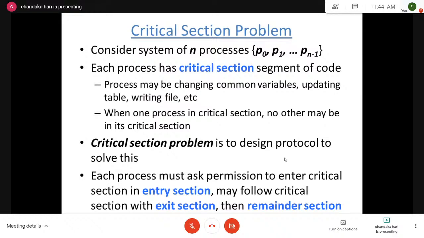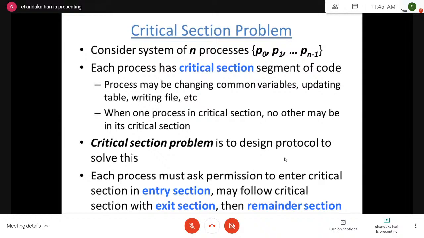Critical section is an area of a process where, while executing such an instruction, it can affect the common variables. And number two, remainder section: while executing such instructions in a process, it does not affect any other common resources. Now, each process has a critical section segment of code.